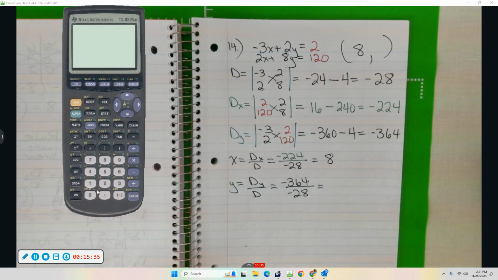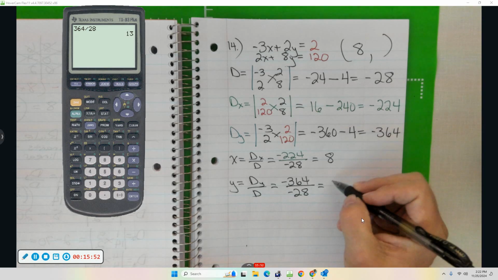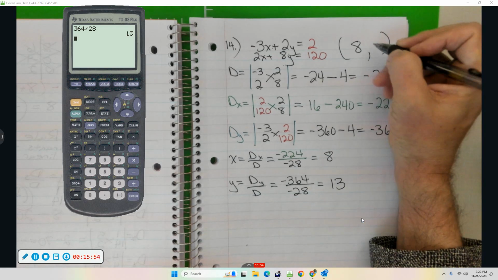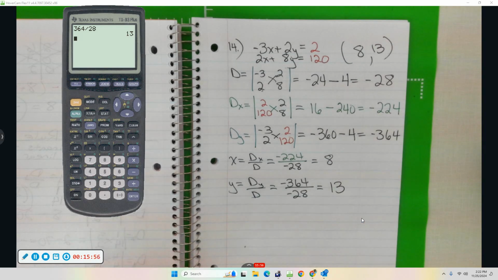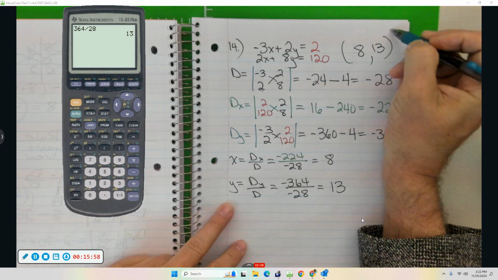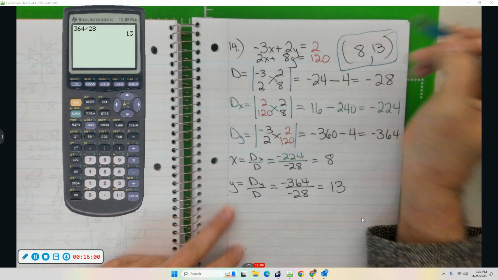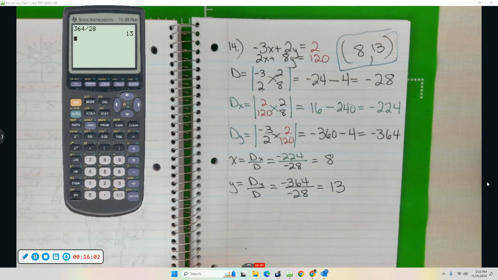I can tell you it's going to be positive. So, 364 divided by 28, I'm thinking it's 13. Yeah, you're right. 28 times 13 is 364. So those two lines intersect at the ordered pair 8, 13. Any questions there?